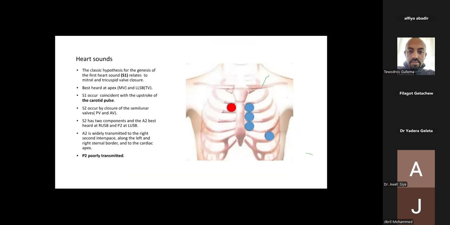We have 10 minutes. So this is what I showed you earlier, the 5 areas of auscultation. The right second intercostal space is the aortic area, the left is the pulmonic area, and this is Erb's point.